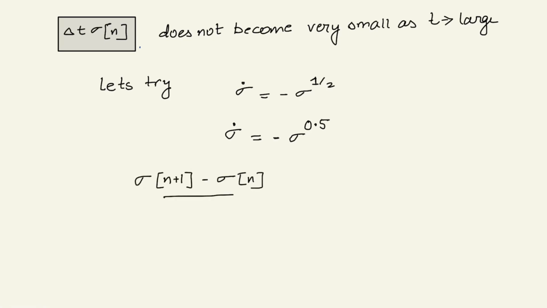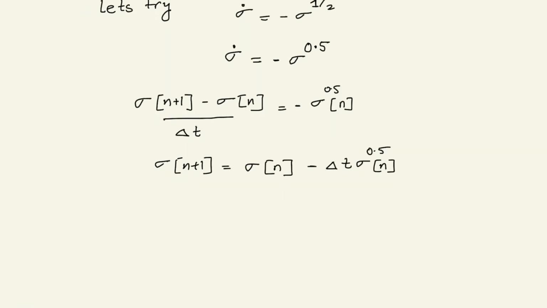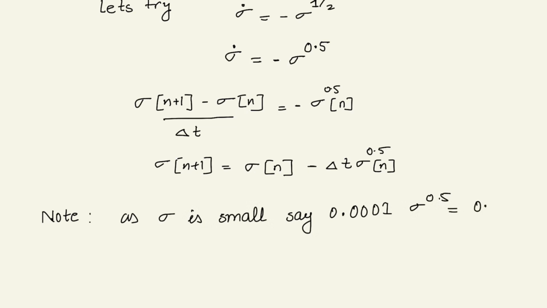Let's apply the Euler's equation to this to solve the differential equation. We get sigma of n plus 1 equal to sigma of n minus delta t sigma of n to the power 0.5. So what is happening here is the future value equal to present value minus some factor, that is step time, multiplied by sigma of n to the power 0.5.